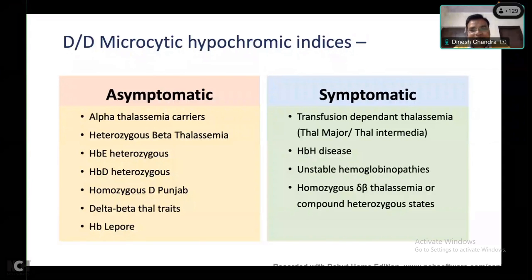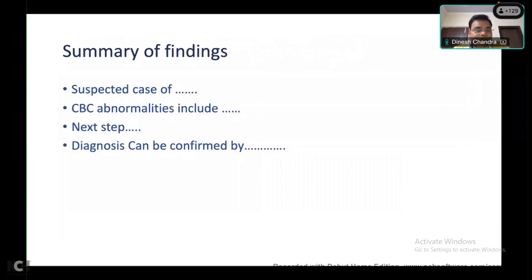Which are the different hemoglobinopathies which can present as symptomatic, transfusion dependent, intermittent or continuous or regular? They are either thalassemia major or homozygous thalassemia, HbE beta thalassemia, unstable hemoglobinopathies, or homozygous delta beta thalassemias, or different types of compound heterozygous states.